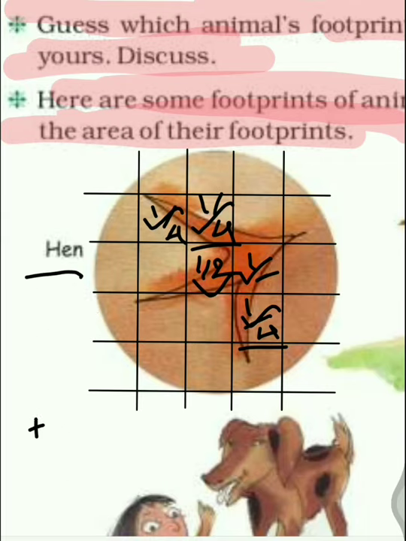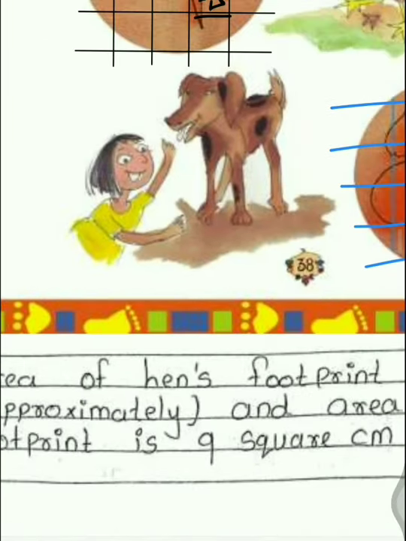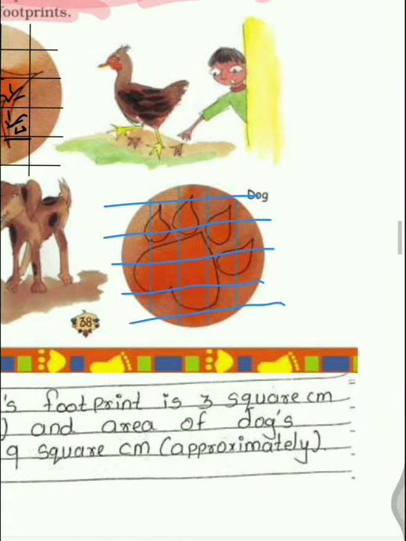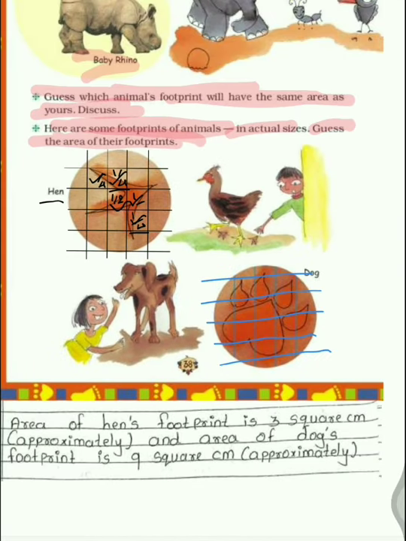Okay, but approximately we will call it 3. So we will write area of hen's footprint is 3 square centimeter approximately.